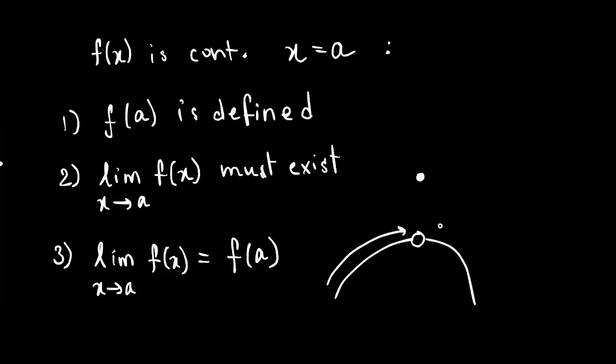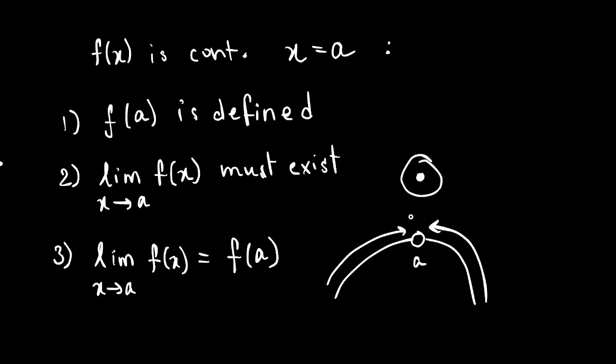We are approaching the same point when we're trying to find the limit here. But this is not the point where the function actually has a value, since we have a hole. So if we plugged in this a into our function, we would not get any real number, as this is our actual point. And this is clearly not continuous, right?